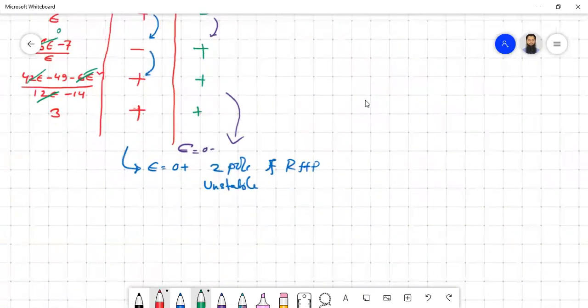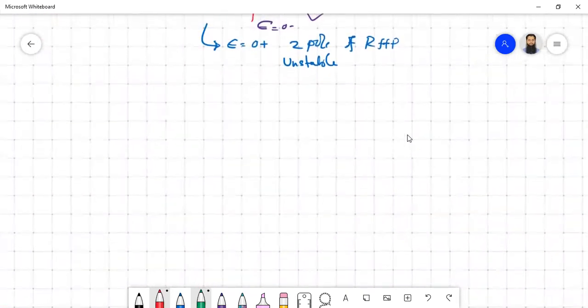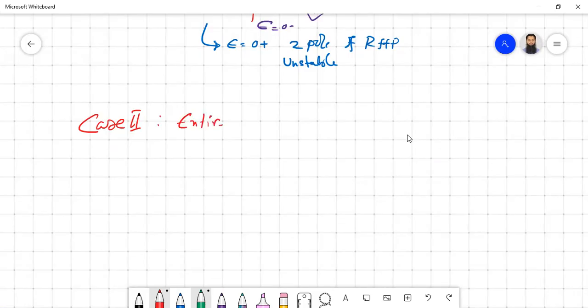Now case 2: the entire row is 0. So why does this happen?